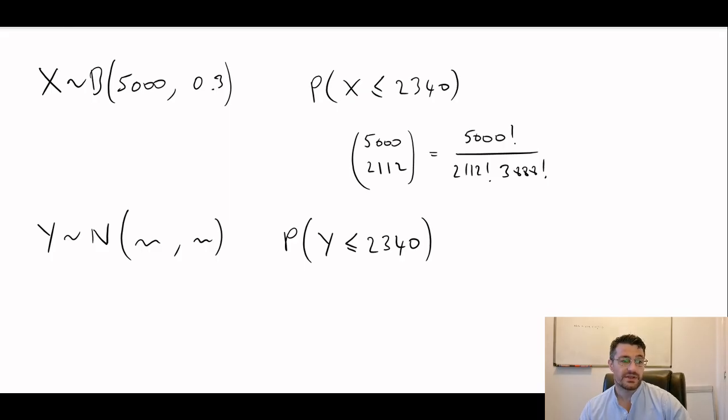Because the normal distribution is a continuous distribution and the binomial distribution is a discrete distribution, continuous distributions are easier, generally speaking, to work with. It's going to take much less computing power to calculate the probability that Y is less than or equal to 2,340, rather than the corresponding probability for X. We can do this in a flash, this second probability derived from the normal distribution.